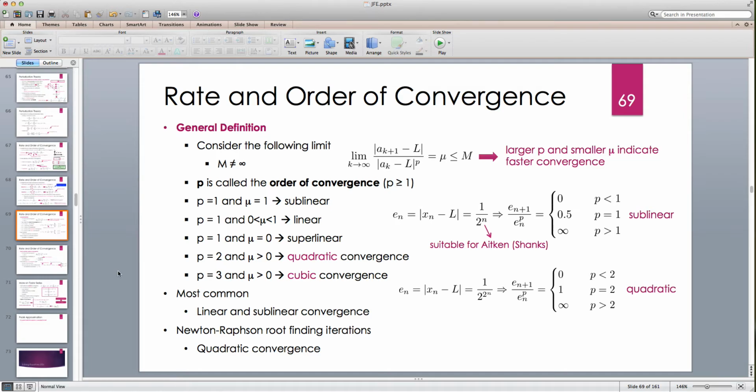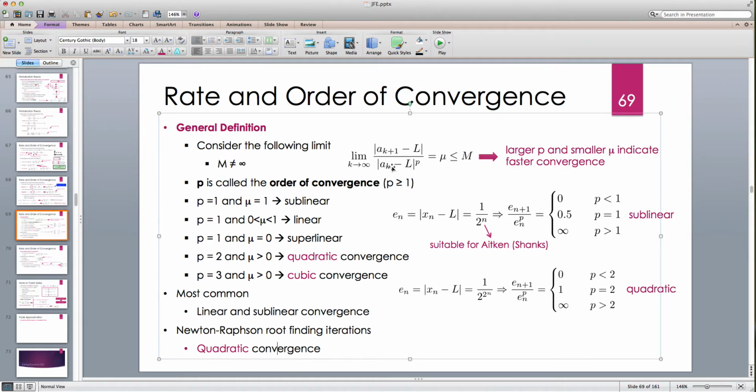Now, one interesting thing that we discussed when we talked about root finding algorithms was that the Newton-Raphson root finding iterations are in fact quadratic convergence. That's why we always say that Newton's method for finding roots is a relatively fast algorithm, because you can mathematically prove that the errors of iteration go to 0 quadratically.